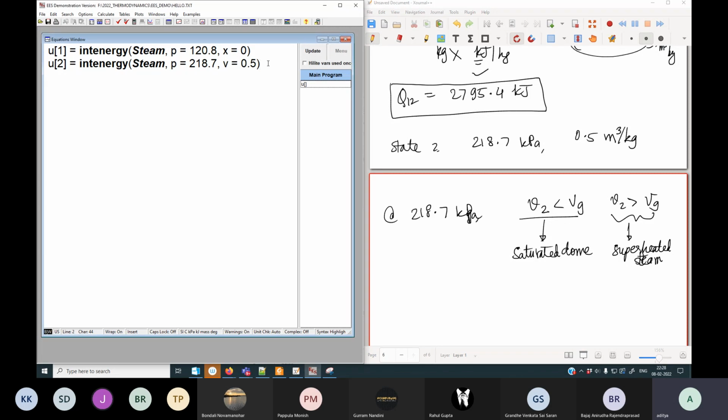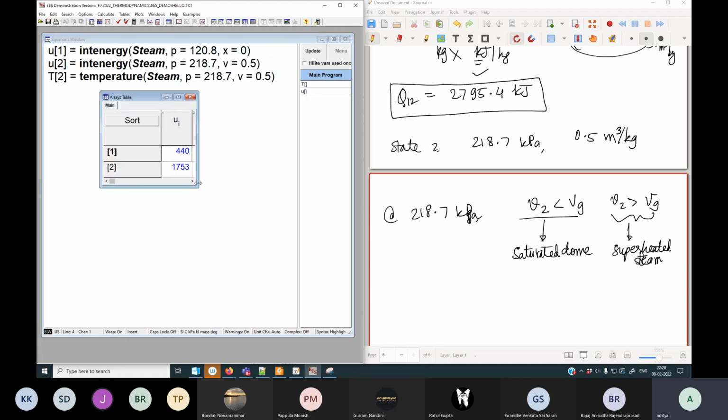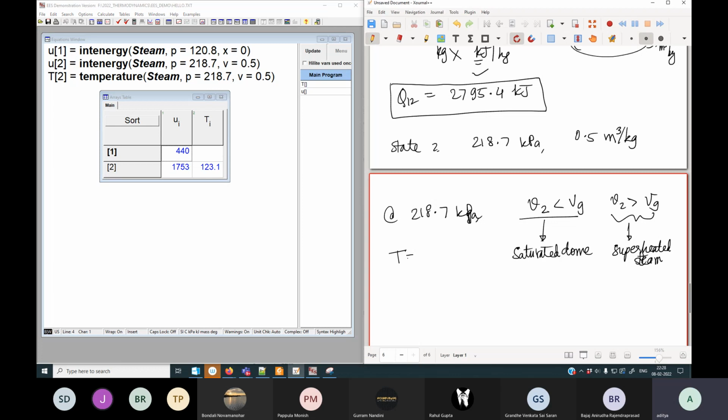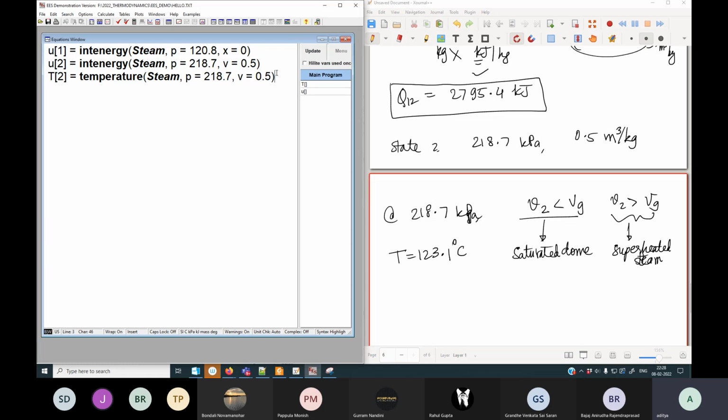I'm going to write that T2 will be temperature. I will simply copy this string because these states are the same. And finally, I obtain a temperature of 123.1 degrees Celsius. Just for you guys, I will say x2 is equal to quality.